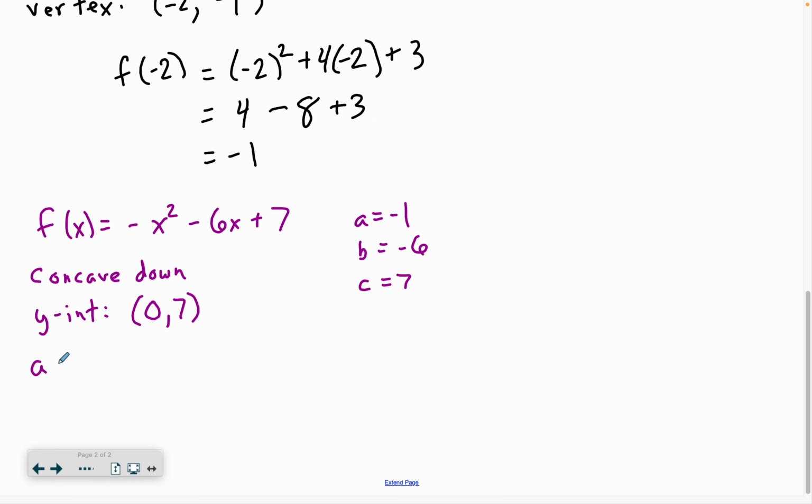Now the axis of symmetry is x equals, again, the opposite of b over 2 times a. So we have the opposite of b. b is negative 6, so the opposite of negative 6 is positive 6 over 2 times negative 1. So that's going to be 6 over negative 2, which is negative 3.